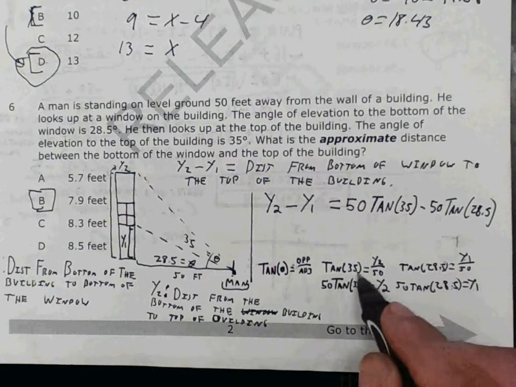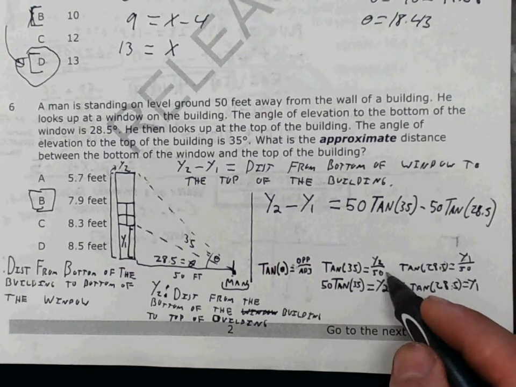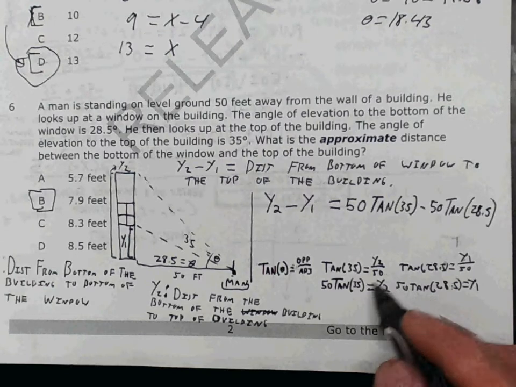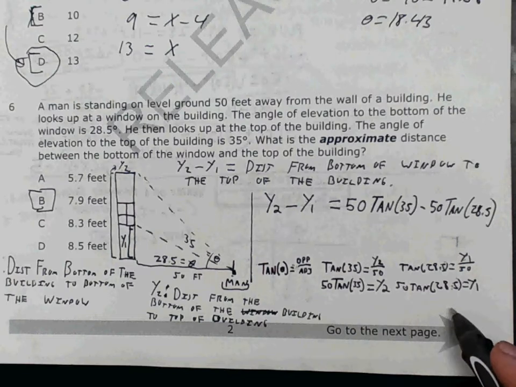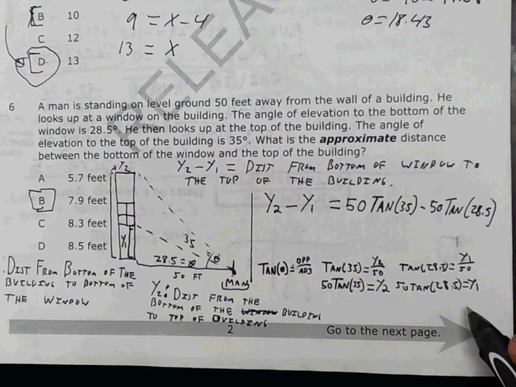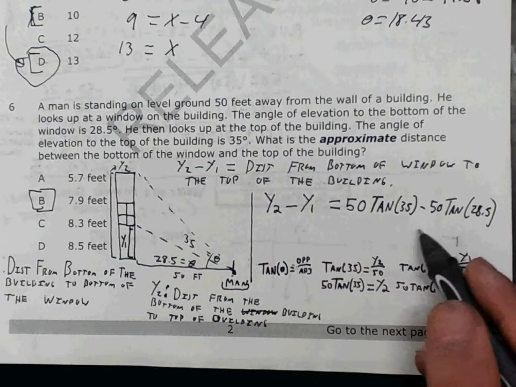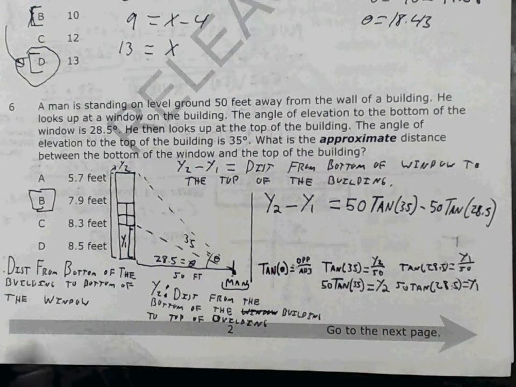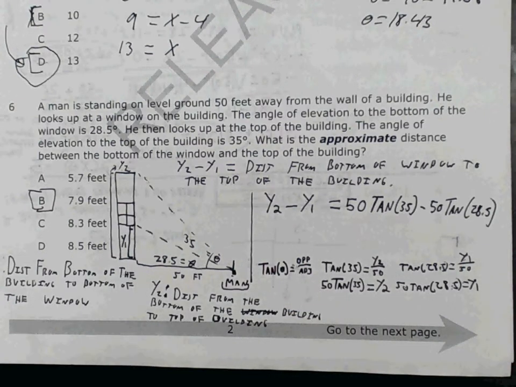And the tangent of 35 is going to be y2 over 50. So you just multiply 50 by each side, and we get 50 times the tangent of 35 equals y2. 50 times the tangent of 28.5 equals y1. And so then we have y2 minus y1 is 50 times the tangent of 35 minus 50 times the tangent of 28.5.